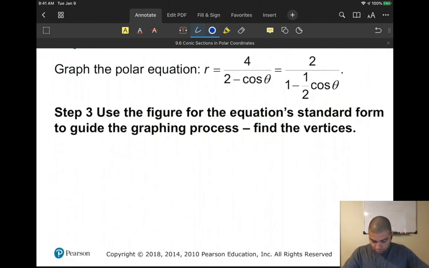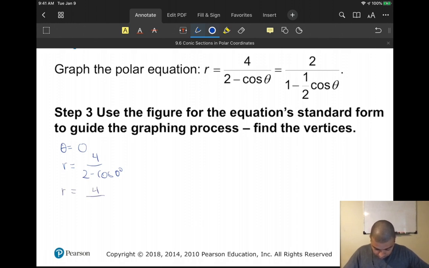So I'll go ahead and do theta equals 0, so I'll go r equal to, I can choose any of the 2 equations that I want, doesn't make a difference. Usually I go with the original ones if the numbers are okay. So I'll go r equals 4 over 2 minus cosine of 0. You don't have to though.